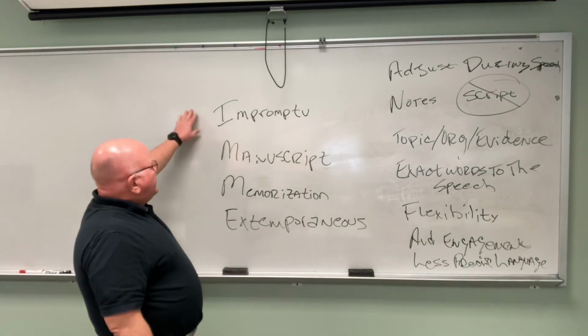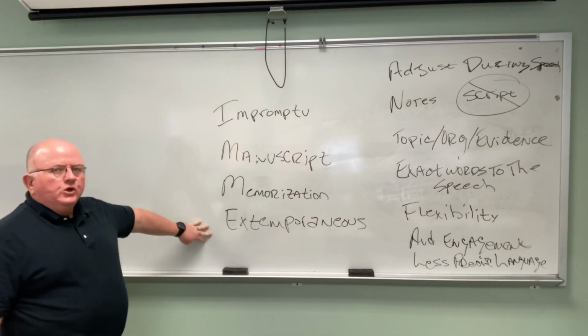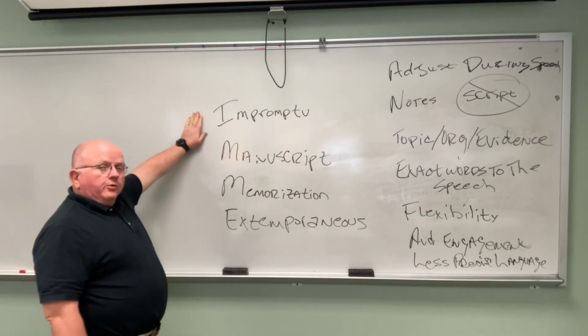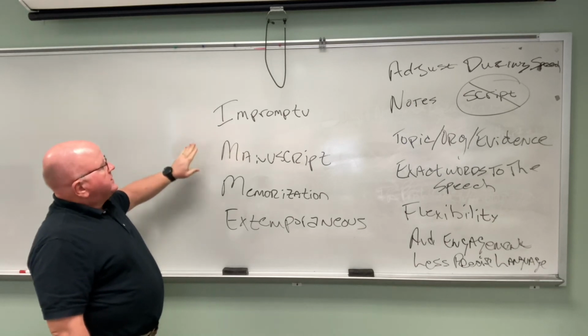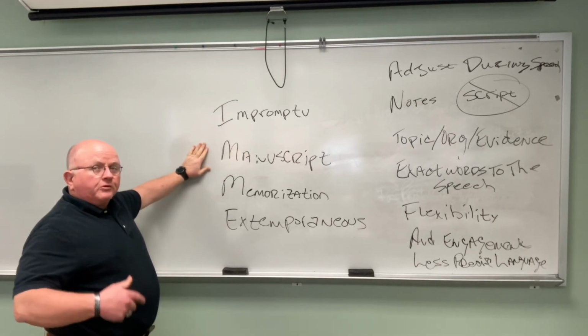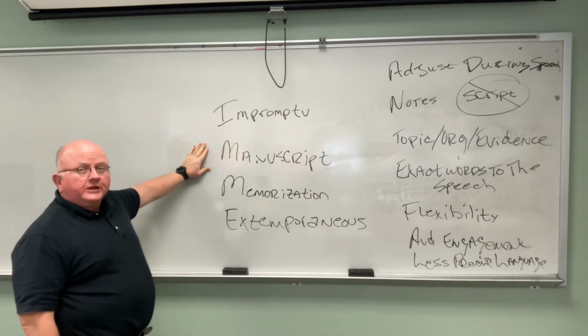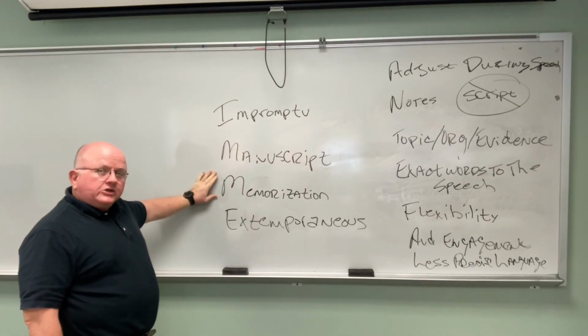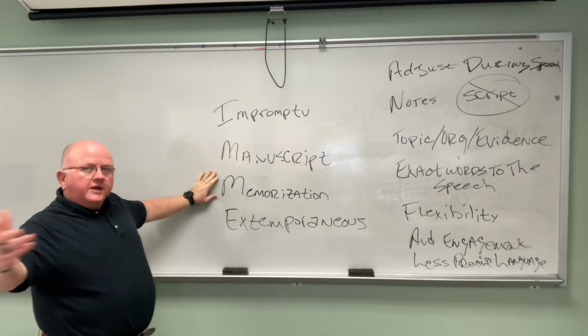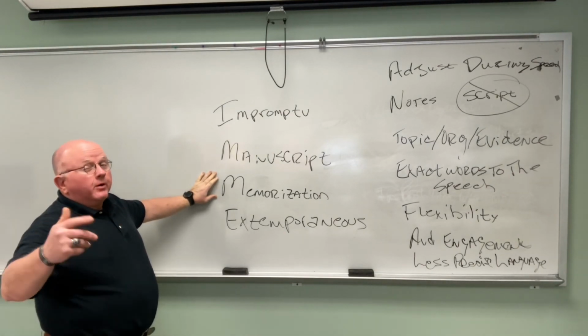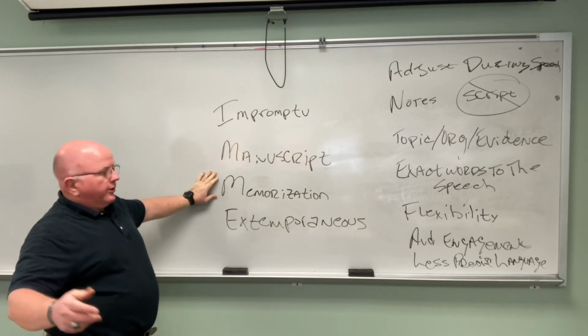So again, each is okay and used in the appropriate time. Impromptu will be no notice, but you still need to organize. Manuscript reading is for precise language and strict time limits, but you still need to engage with the audience. Memorization allows you, without notes, to really make eye contact with the audience and engage with them. But remember, memorization is hard.